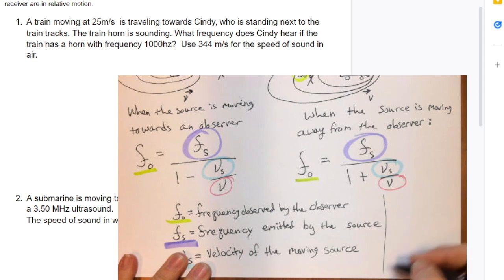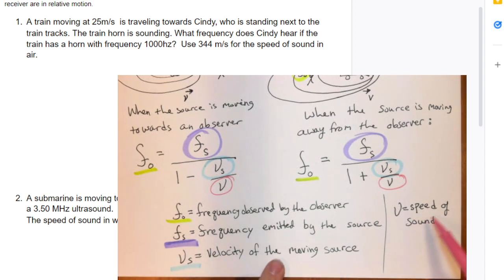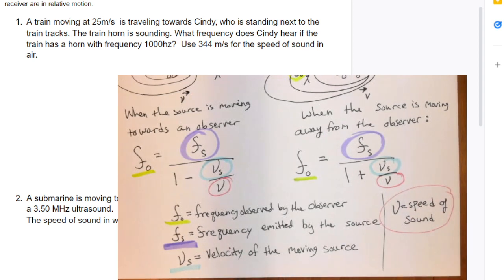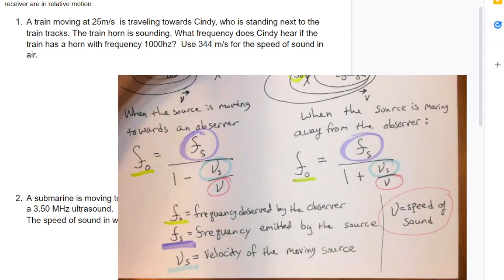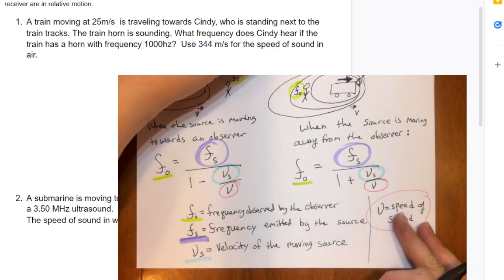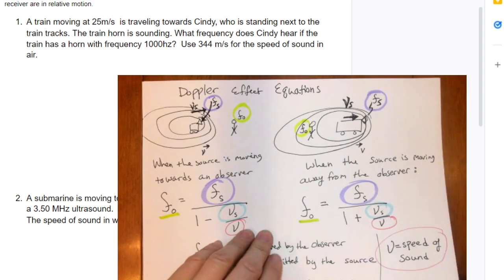V equals the speed of sound, the velocity or speed of sound, which is constant. It doesn't change just because the ambulance or train or whatever is speeding up. It's a constant. Okay, make sure you know all of these. You don't have to have it memorized, just have it in your notes.